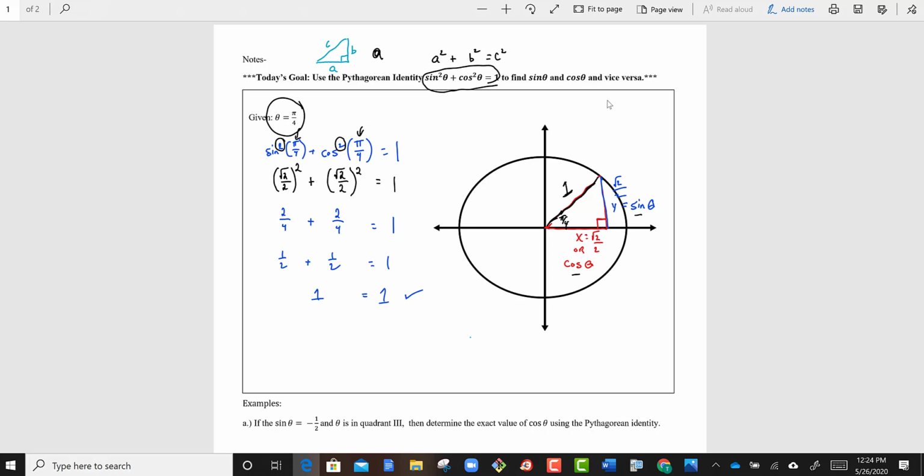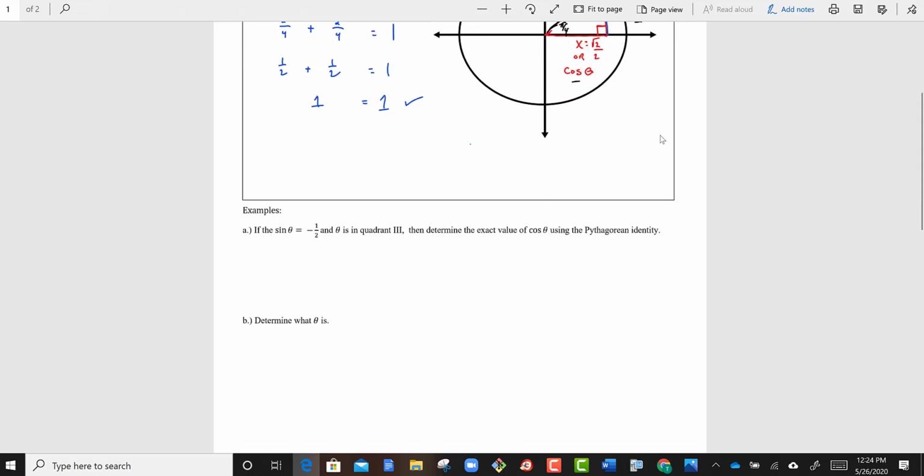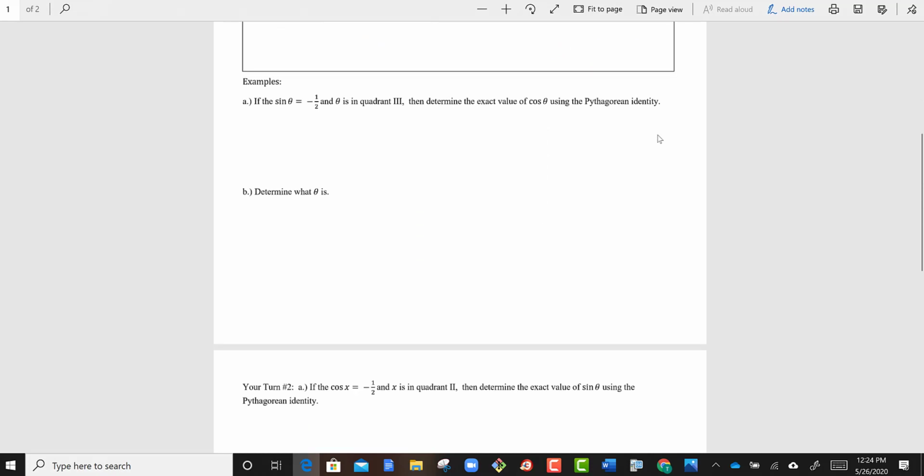So let's see another way where we can use this Pythagorean identity. Let's say they give us that the sine of theta is -1/2, and theta is in quadrant 3.